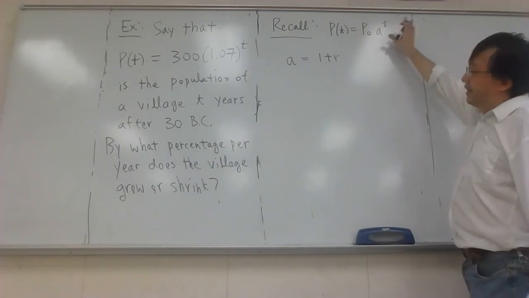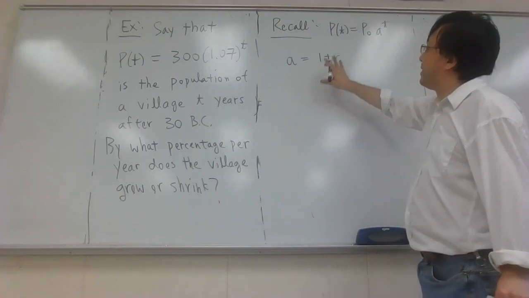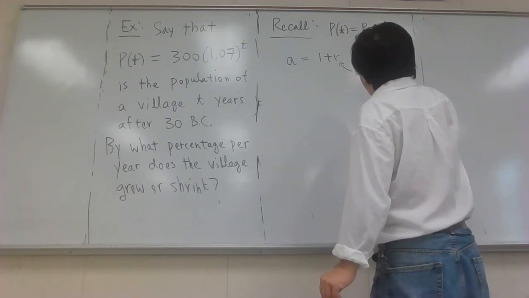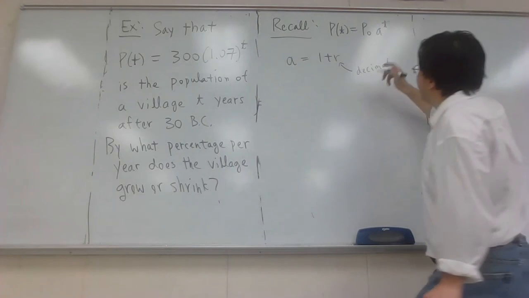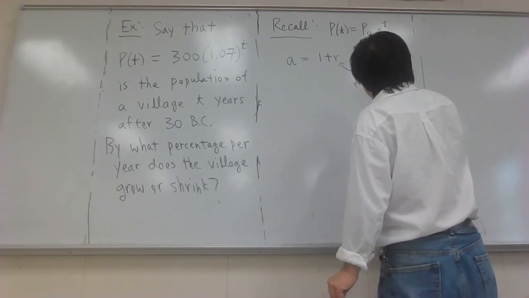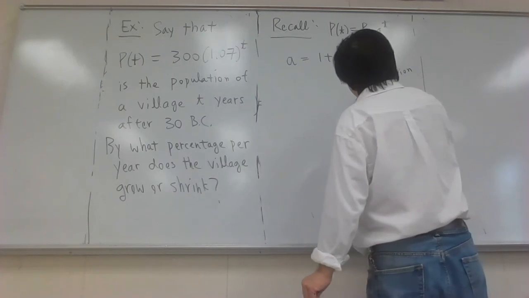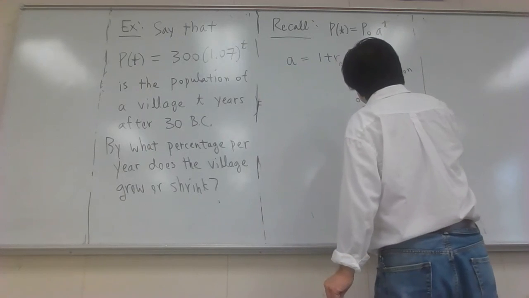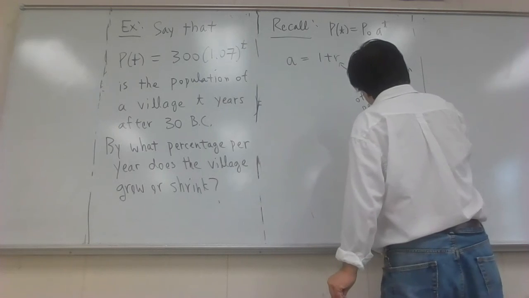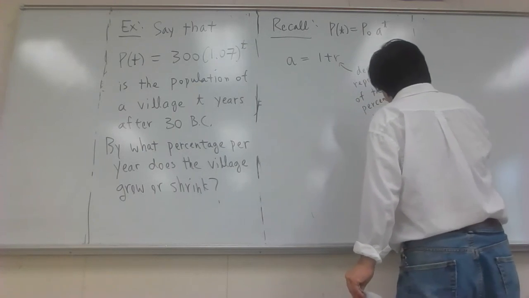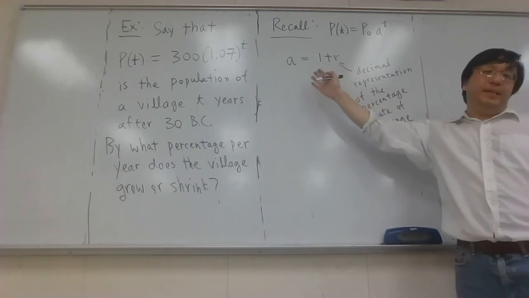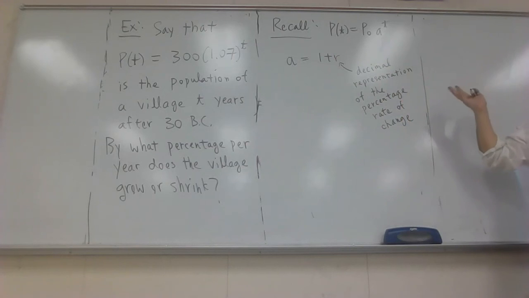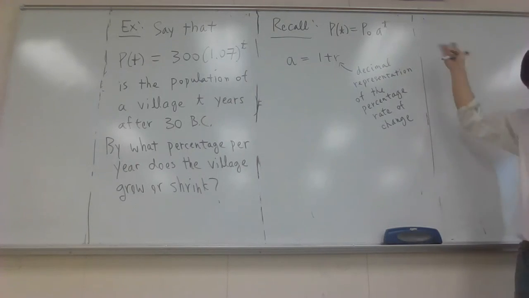If you have an exponential like this, then the base a can always be decomposed as 1 plus r, where r is the decimal representation of the percentage rate of change per unit time. This is always true for any exponential. This may or may not be useful, but this is always true.